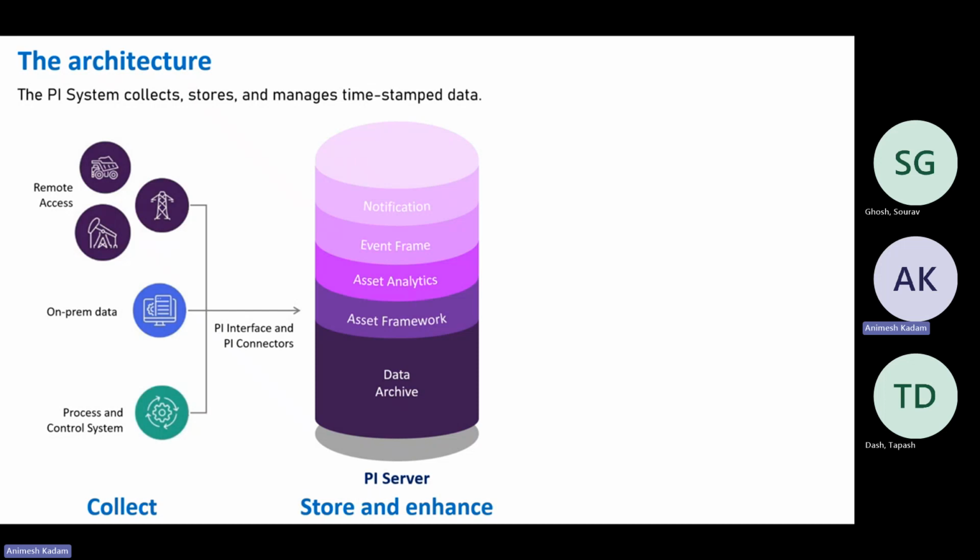Areas can be divided in multiple ways. They can be divided by process, or by geographical area. Then you can further drill down to subsections, equipment and sub-equipment, and arrange that information, those tags, in a proper hierarchical manner.